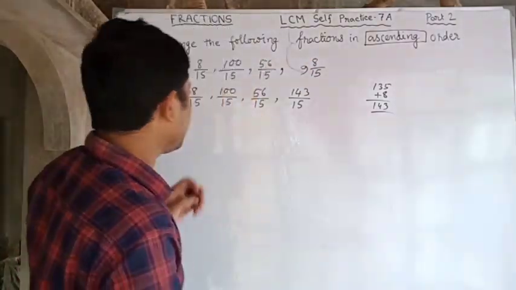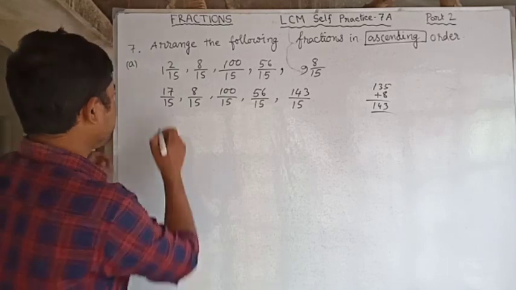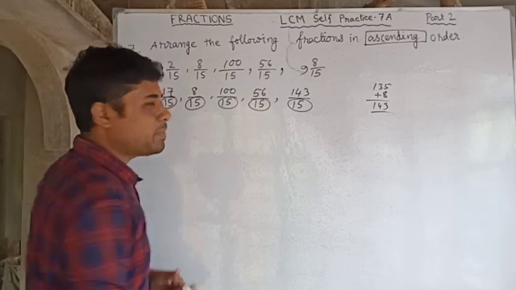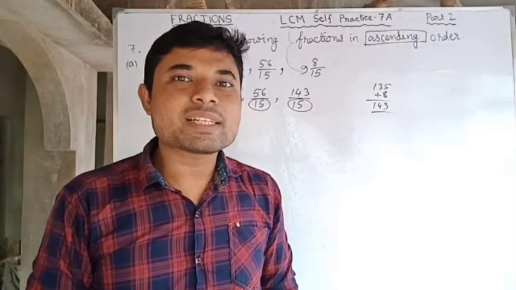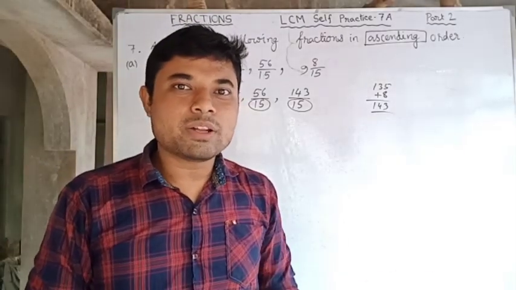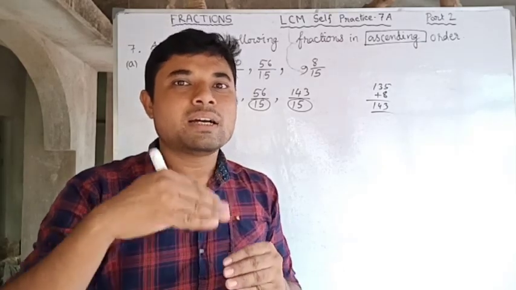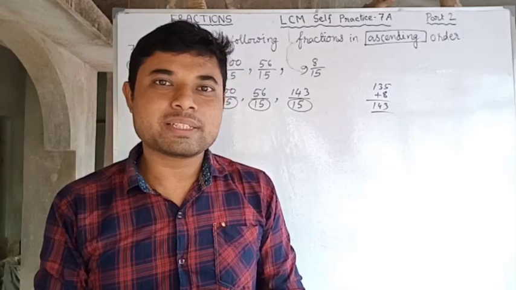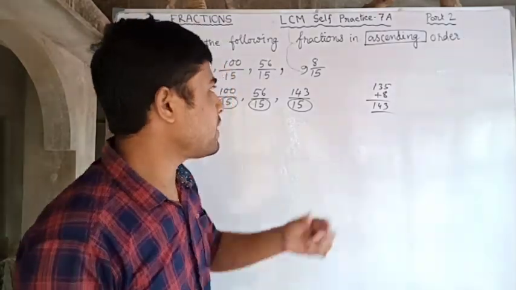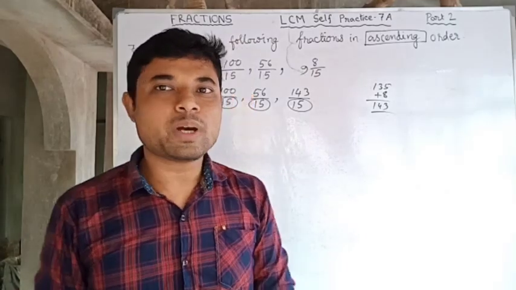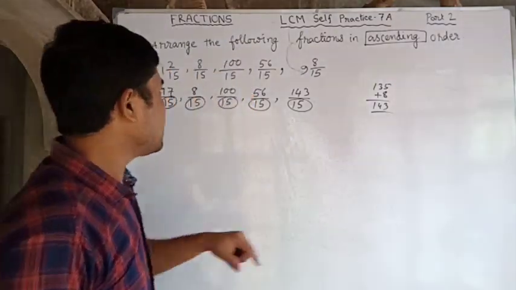Now look, 15, 15, 15, 15, 15, that means all the denominators are the same. You have learned that if the denominators are the same, the larger numerator means the larger fraction and the smaller numerator means the smaller fraction. Ascending order means smaller to larger. So first you have to find the smaller fraction.